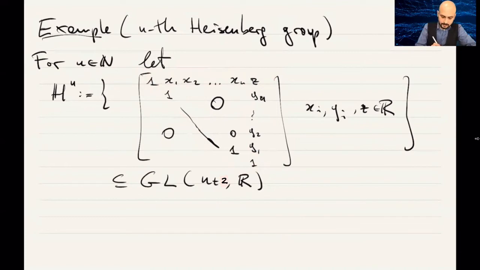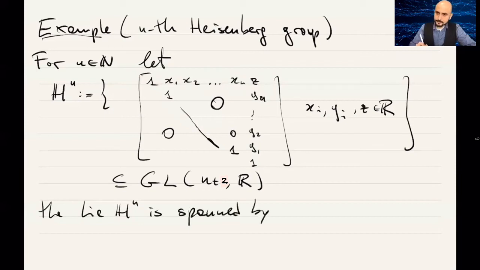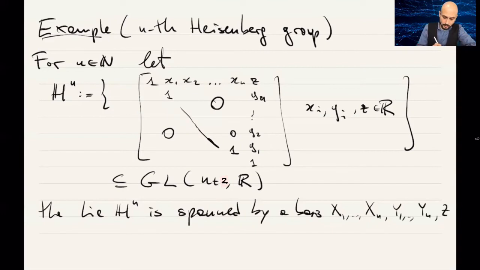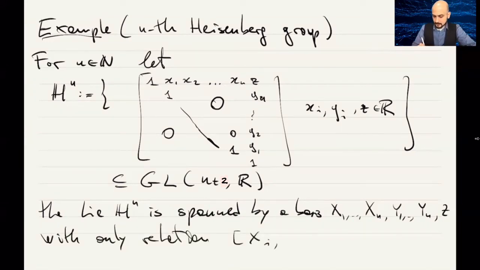And what is happening is that the algebra of this subgroup is spanned by a basis, let's call it x1 to xn, y1 to yn, z, with the only relation [xi, yi] equal to z for i from 1 to n.